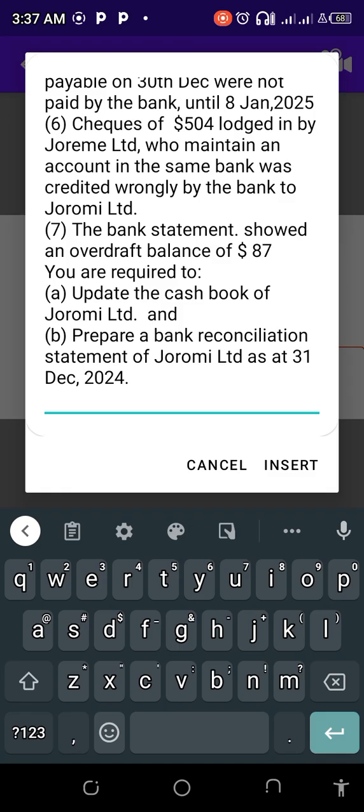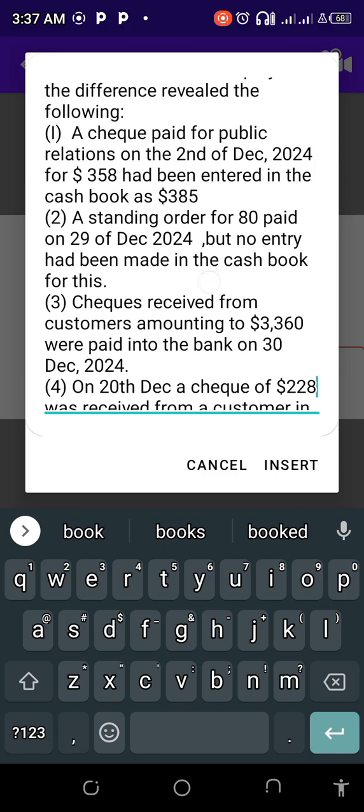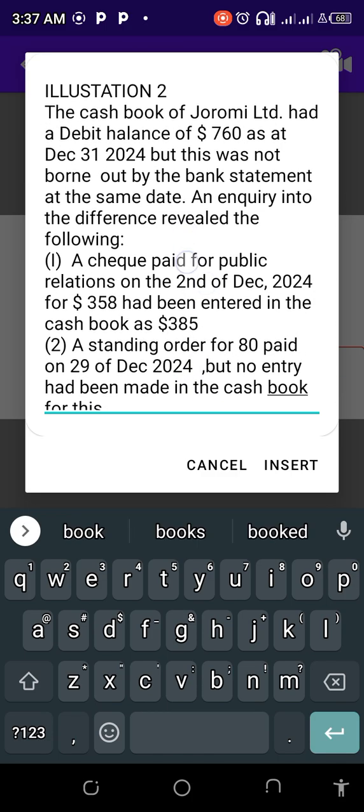We are going to examine revelations 1 to 7 one after the other and bring out the implications. Thereafter, we attempt to solve the question.